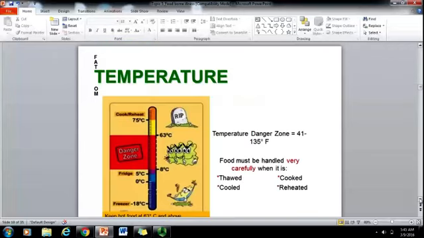The third factor is temperature. As I always emphasize, the danger zone is a very crucial temperature range that we need to control.